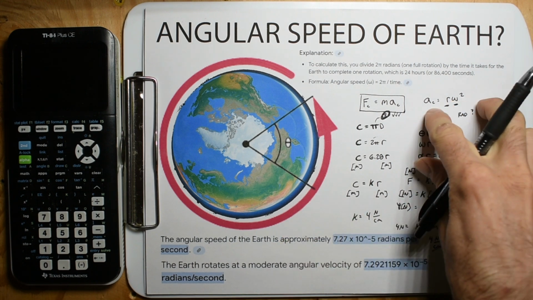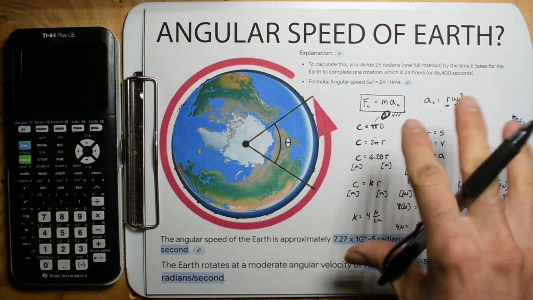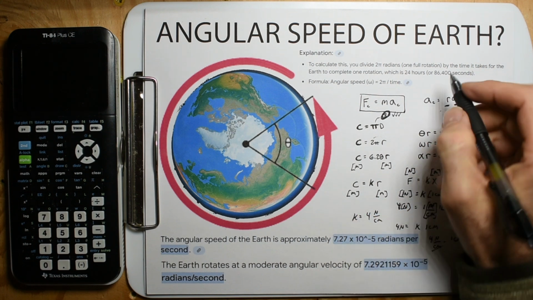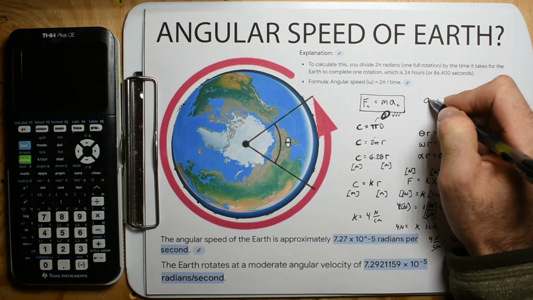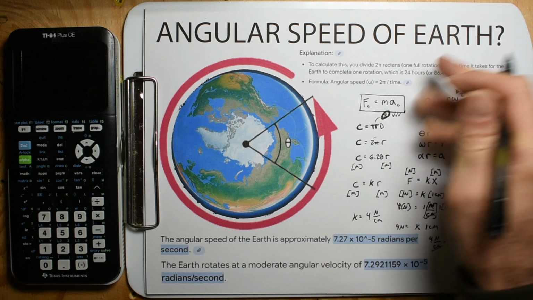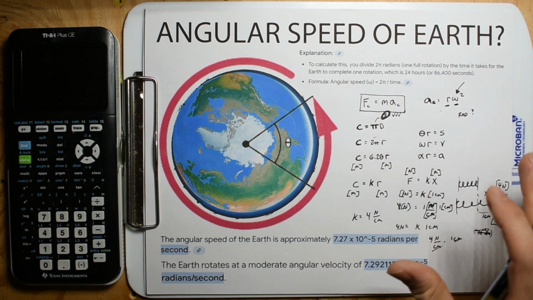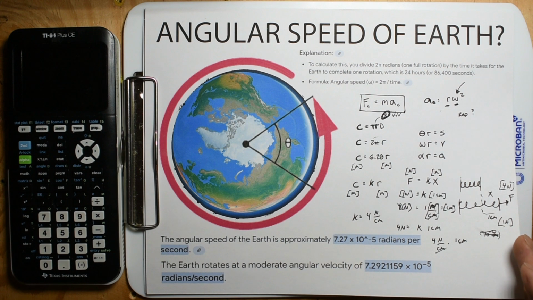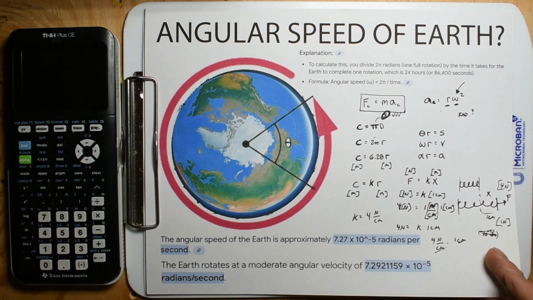This video is not going to go over that, but it's a precursor to that, because to prove this, you at least need to know this angular speed of the Earth term. And so in this video, I was just like, well, let's try to figure out the angular speed as quickly as possible. How do we do that?